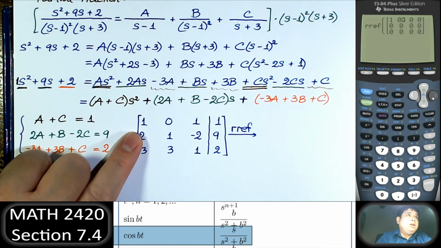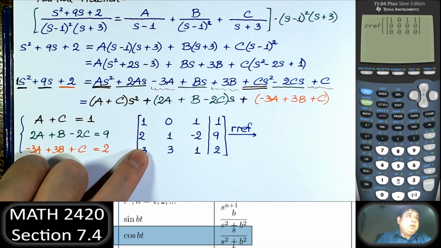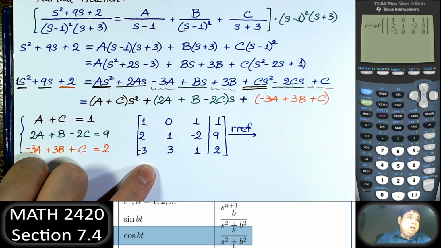1, 0, 1, 1, 2, 1, negative 2, 9, negative 3, 3, 1, 2.